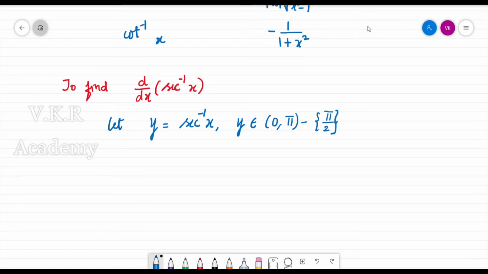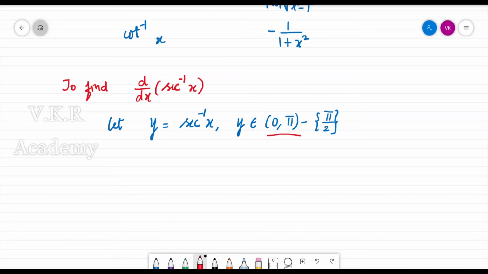That is the range of secant inverse of x. Here we consider the open interval 0 to pi because at 0 and pi the function secant inverse x is not continuous. So we omit y equal to 0 and y equal to pi and consider the open interval 0 to pi minus singleton pi by 2.